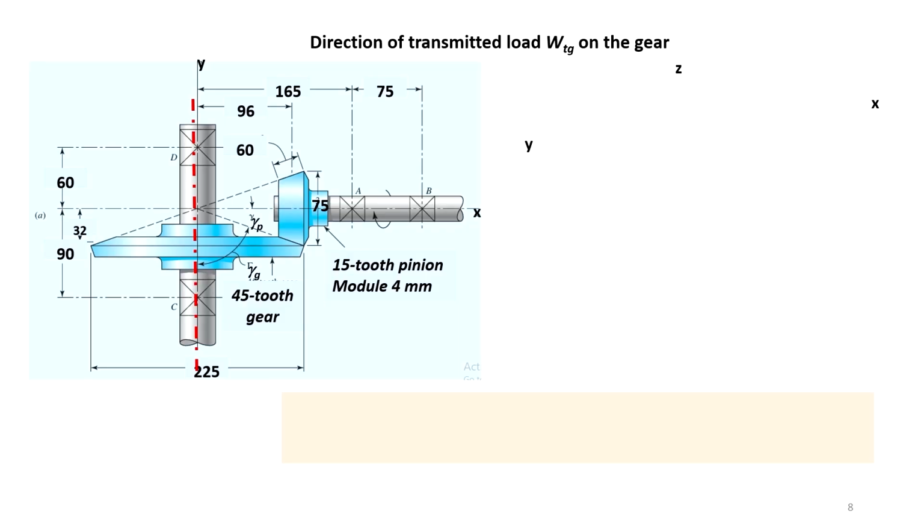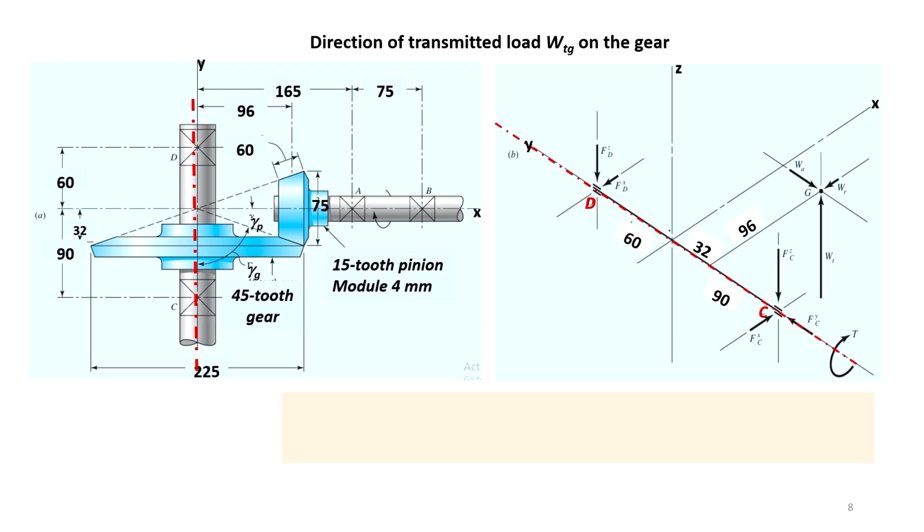So, let us find the direction of the transmitted load Wtg. This is the gear mesh given in our problem, and this is the free body diagram of the shaft of the gear DC.